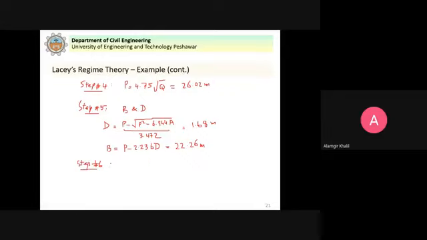So step number 6 is to calculate the hydraulic radius, and we have this R, that is equal to 5 by 2 V square by F. So just put the values. This R comes out to be 1.49 meter.